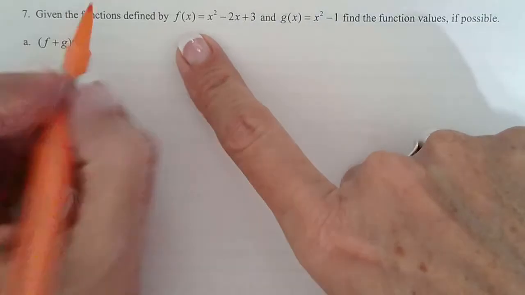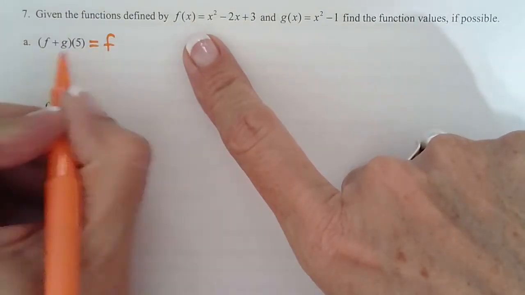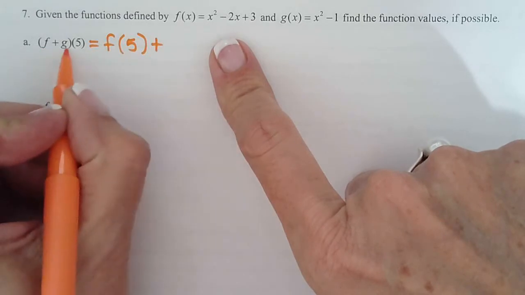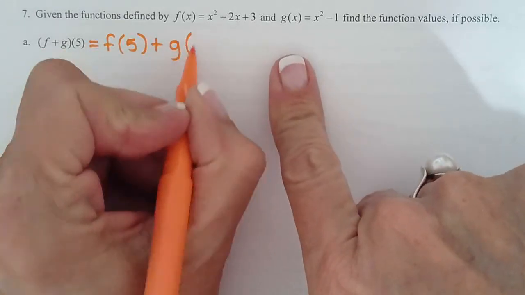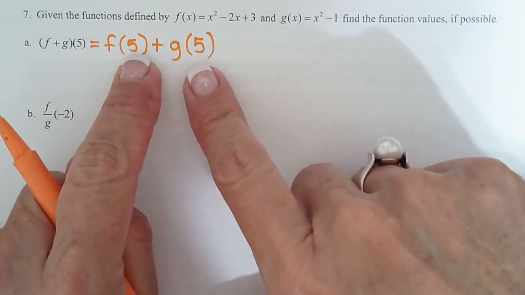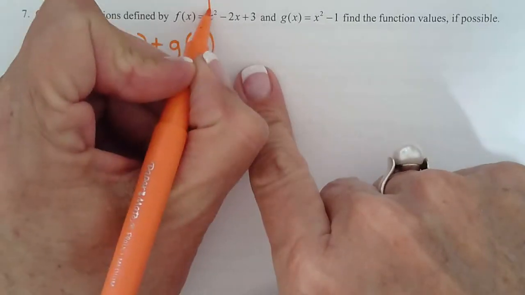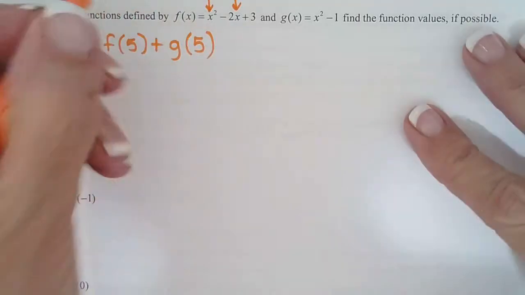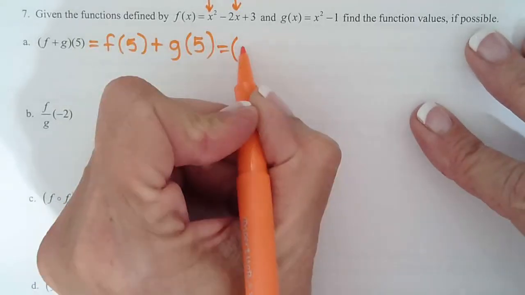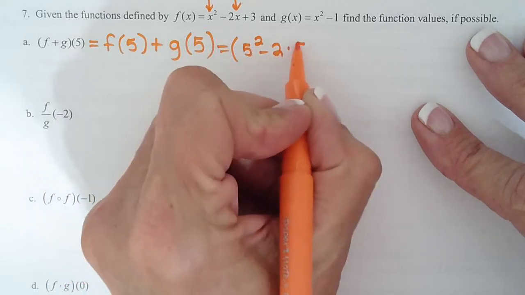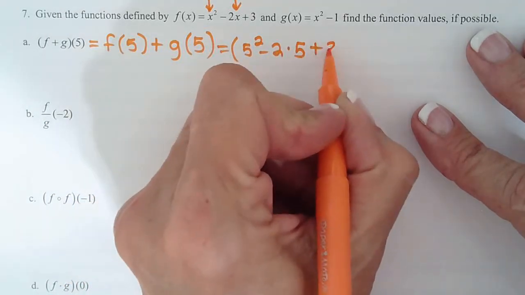So this means f of 5 plus g of 5. So go into f and replace every x with 5. So that looks like 5 squared minus 2 times 5 plus 3.